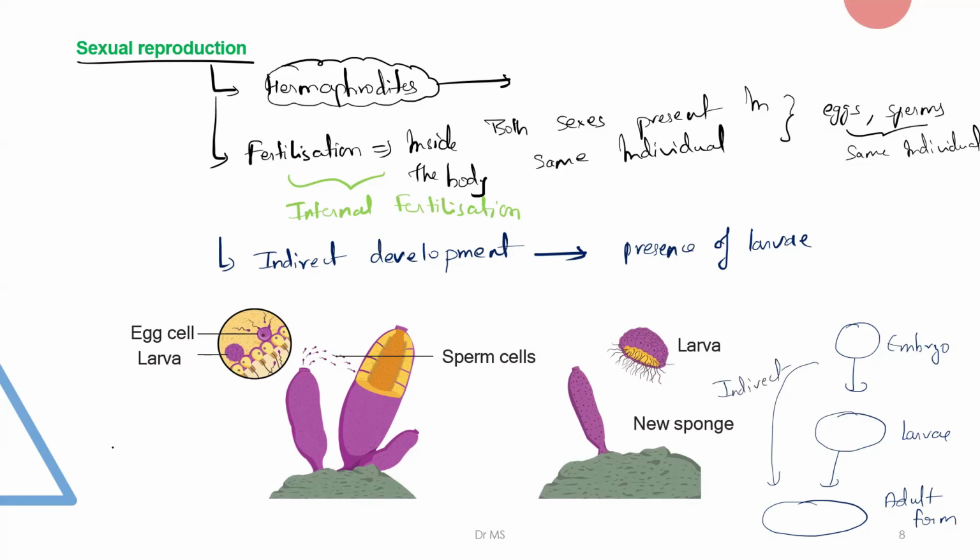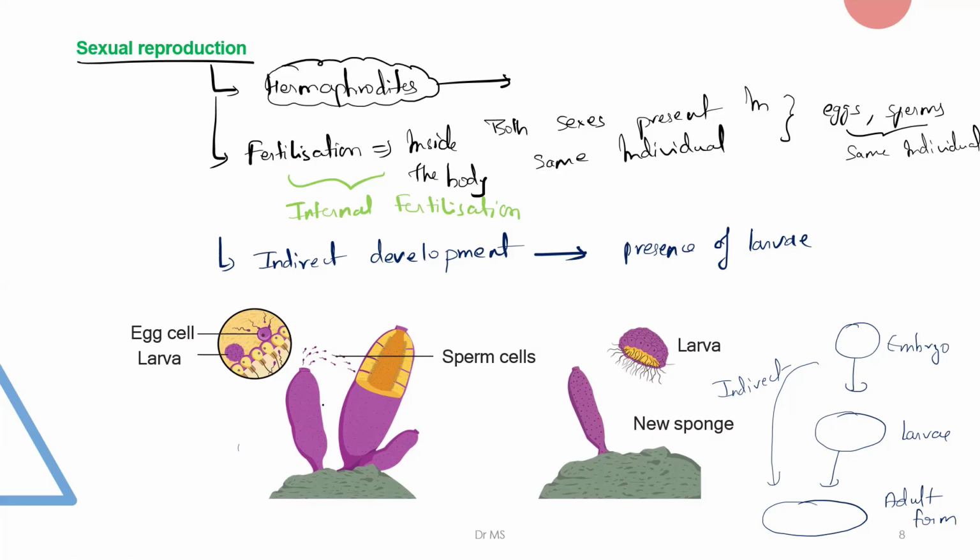And if the embryo directly shows a structure that looks like the adult form, then we call that direct development. Suppose you take humans: after the baby is born, we almost look like the adult form. There's no difference between the baby form and the adult form. So we show direct development. Is that clear?